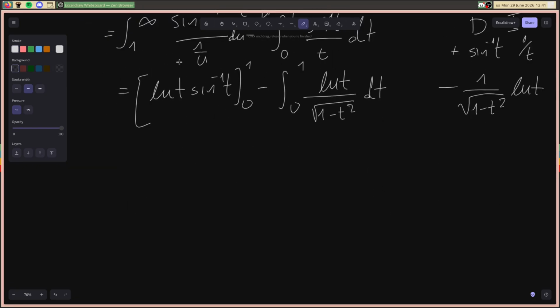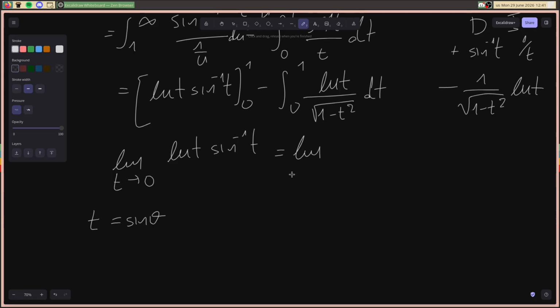Now at 1, this is 0 because ln is 0. At 0, we need to calculate the limit as t goes to 0, ln of t times the inverse sine of t. The way we're going to do that is we're going to let t equal to sine of theta, which basically does an inverse substitution.